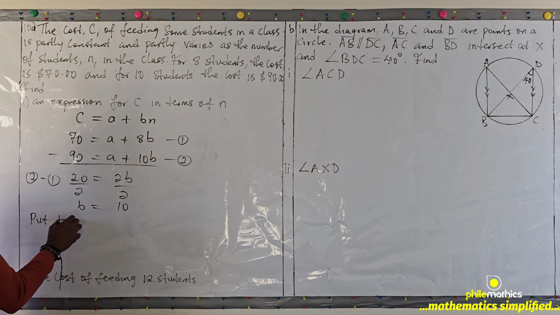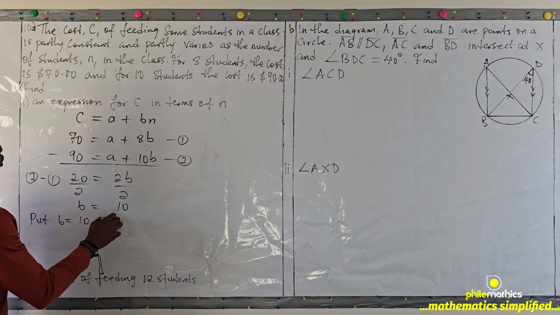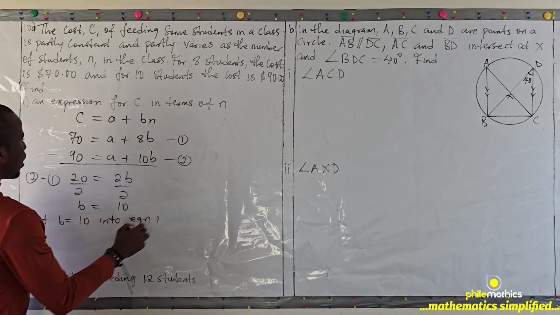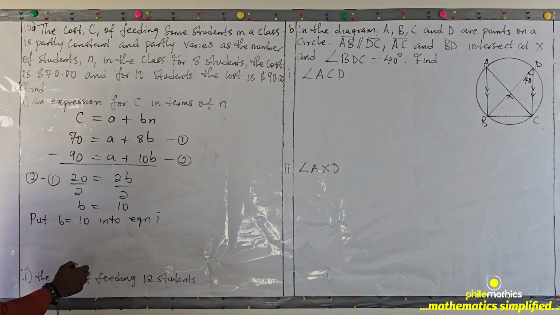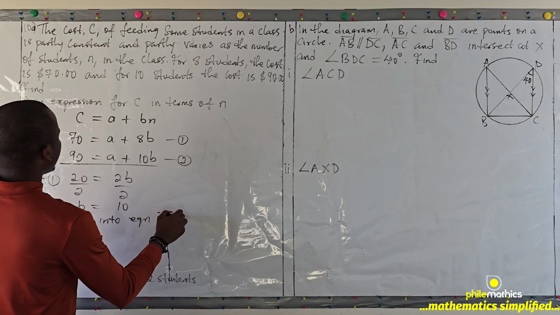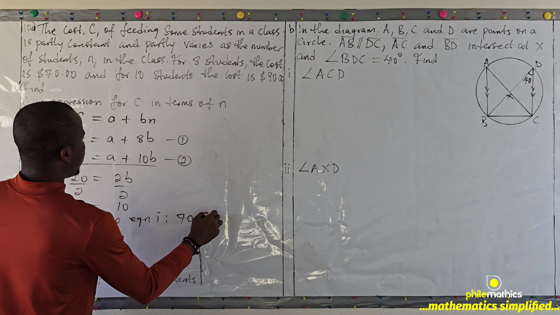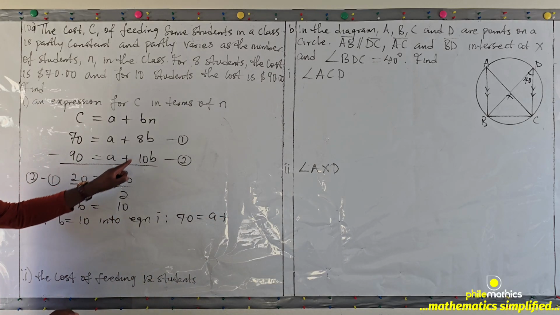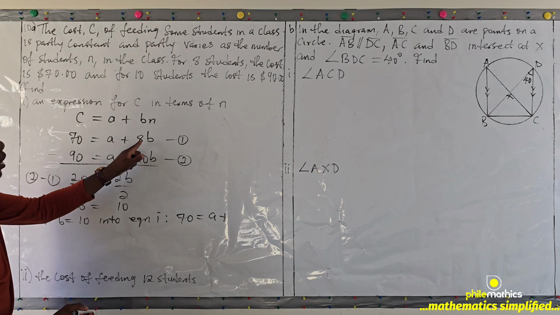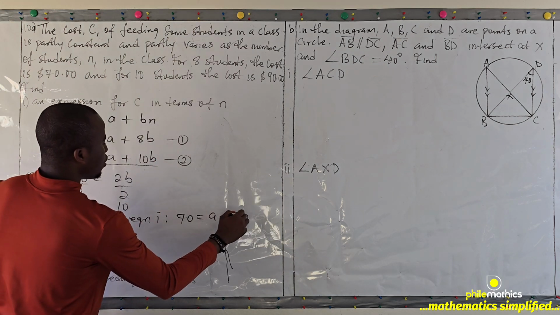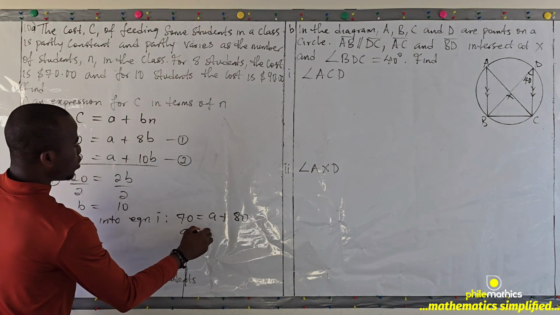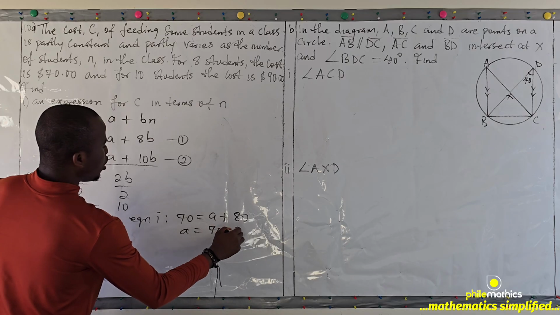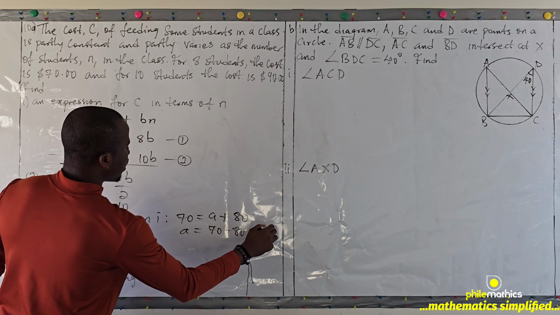Put B equal to 10 into equation 1. And so we'll have 70 equals A plus, if B is 10, 8 times 10, 80. So A will be 70 minus 80, which is minus 10.